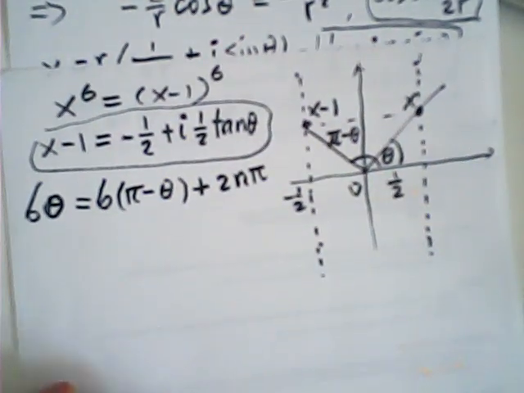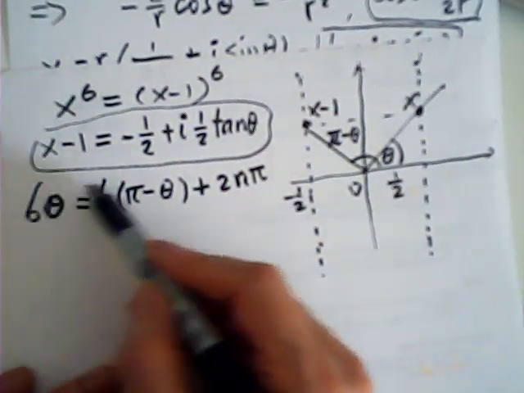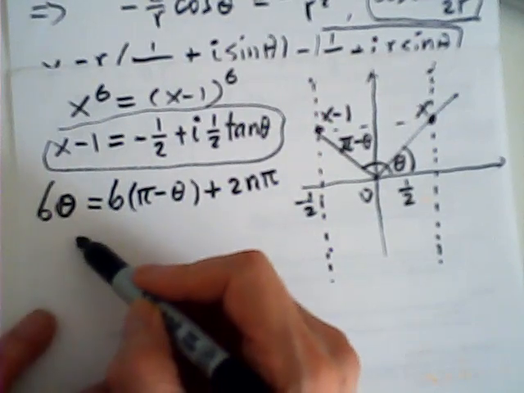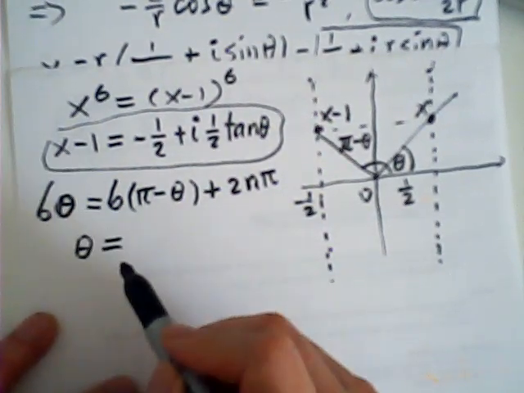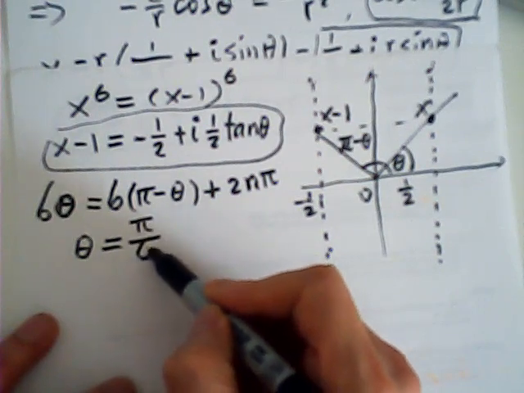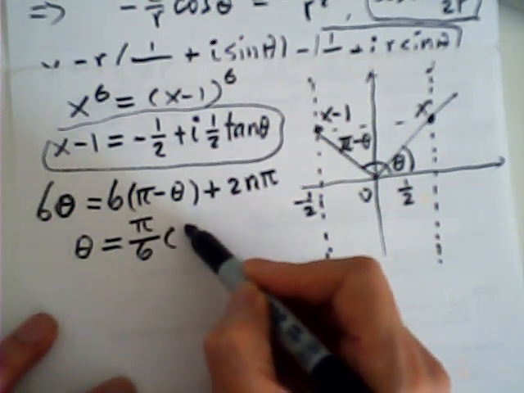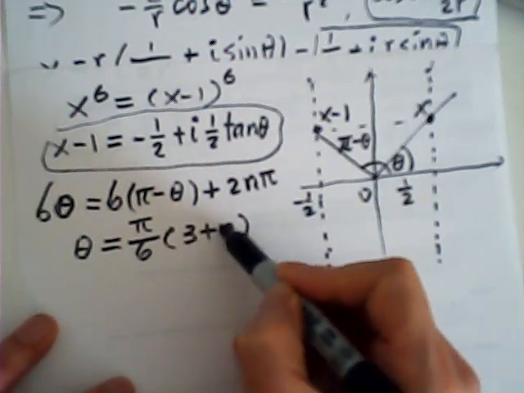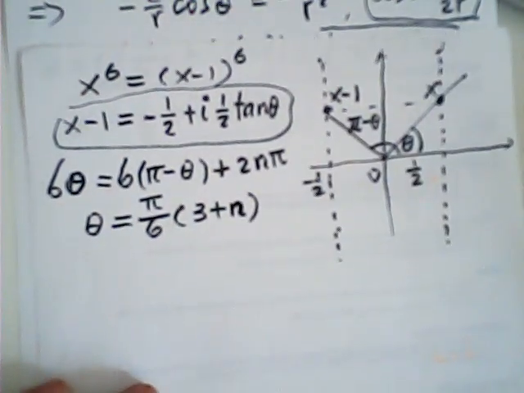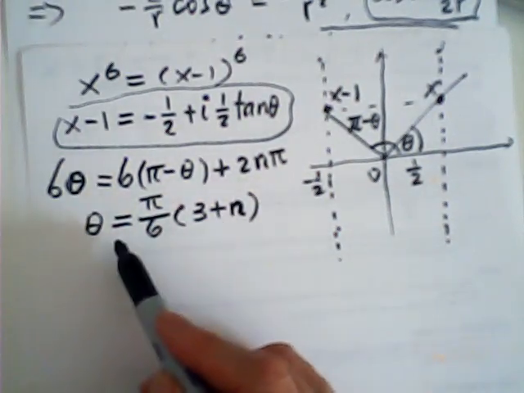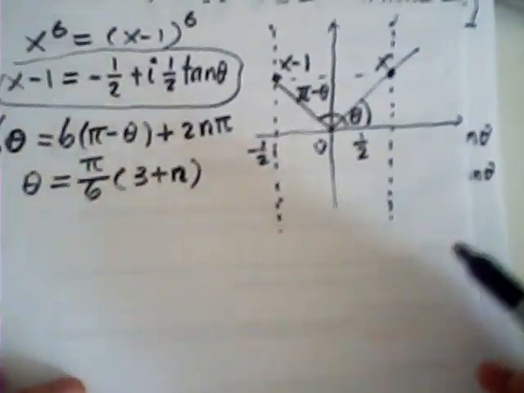N is an integer. So this equation gives us the theta. So now from which we can find theta is equal to pi over 6, 3 plus n. So as long as n and theta satisfy our requirement.